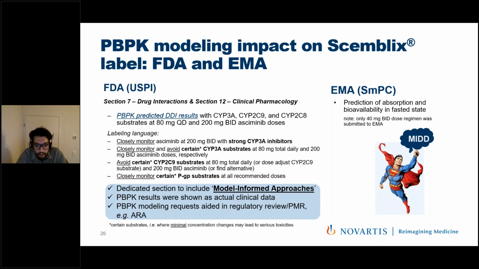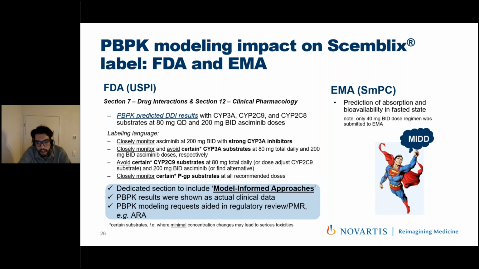You see here the label language: closely monitor when asciminib 200 milligram is given with strong CYP3A4 inhibitors, and closely monitor and avoid certain CYP3A4 substrates with the 80 milligram and 200 milligram BID asciminib doses respectively, and other examples with CYP2C9 substrates as well as P-gp substrates.